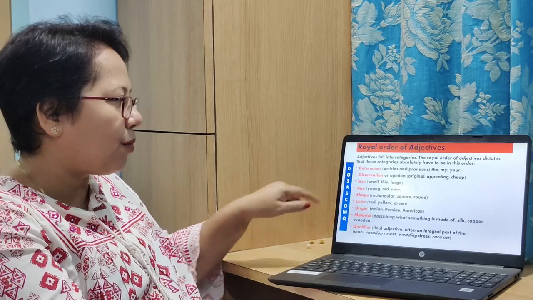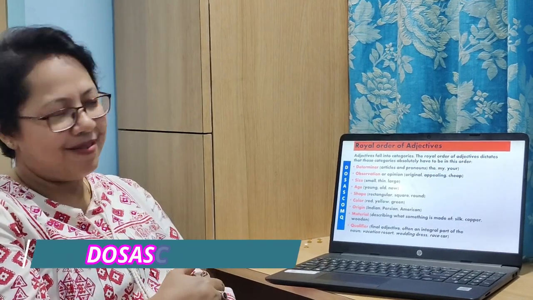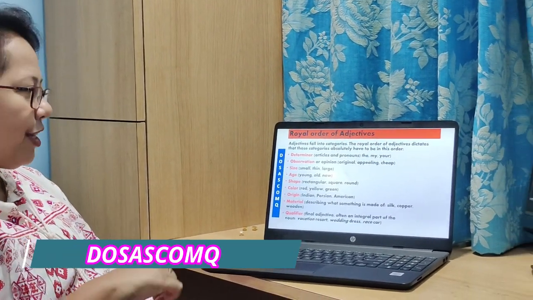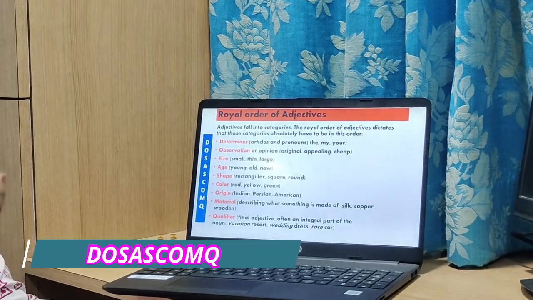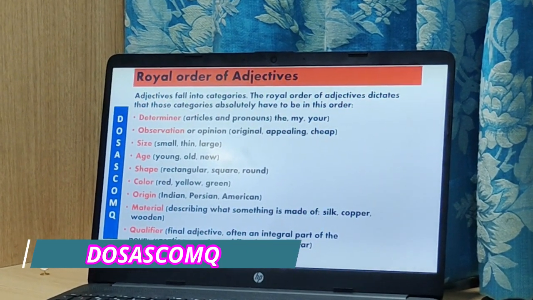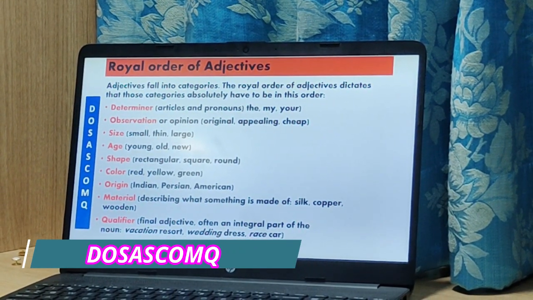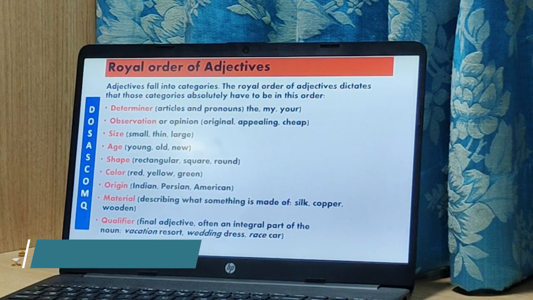What I have tried to put in here is DOSASCOMQ. D for determiner, O for observation, S for size, A for age, and S for shape, C for color, O for origin, M for material, and of course Q for qualifier.